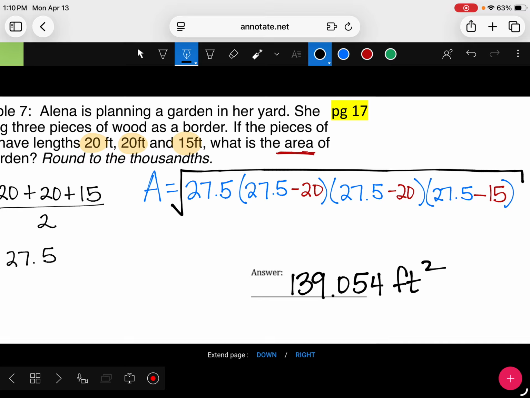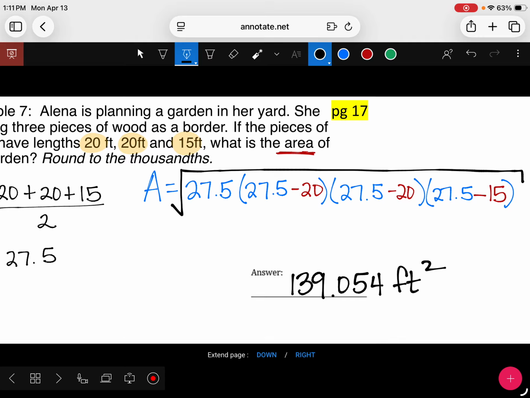Don't forget to put it all under a square root. All right, so I got 139.054 feet squared. What y'all think? Who got that?